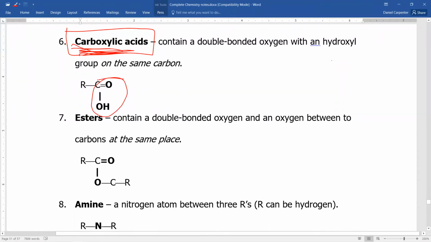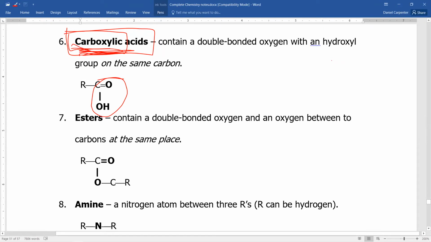That's called a carboxyl group, which I did not put in the notes. If you care, it's this word right here, carboxylic, without the ick on the end. It's called a carboxyl group.